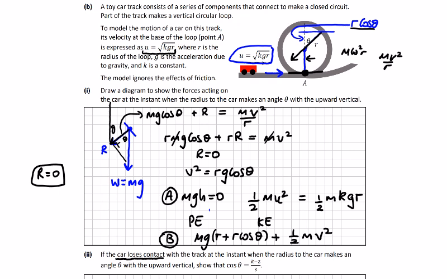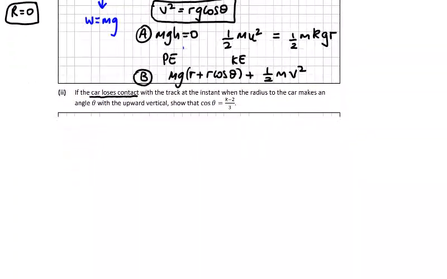We have v squared in terms of r g cos theta. So if we simplify this, we're going to get mgr plus mgr cos theta plus a half m by v squared, which is r g cos theta. That's the energy at position B.